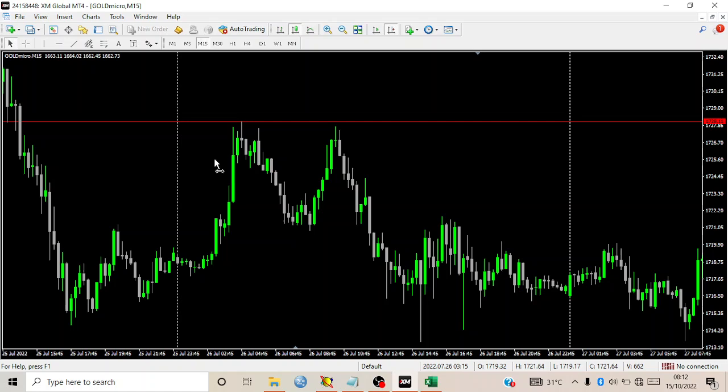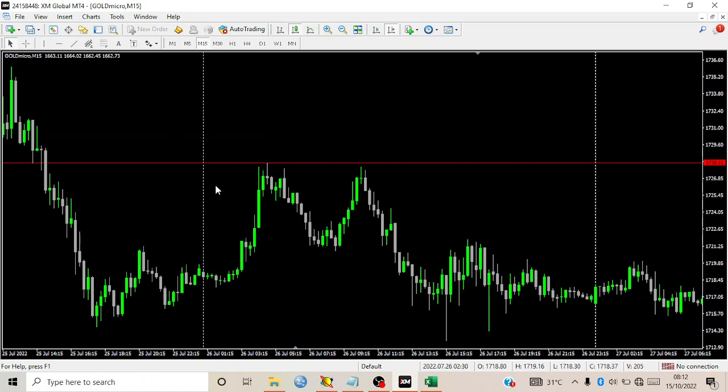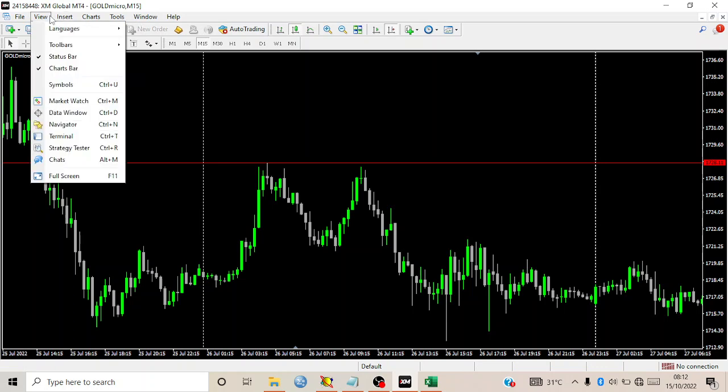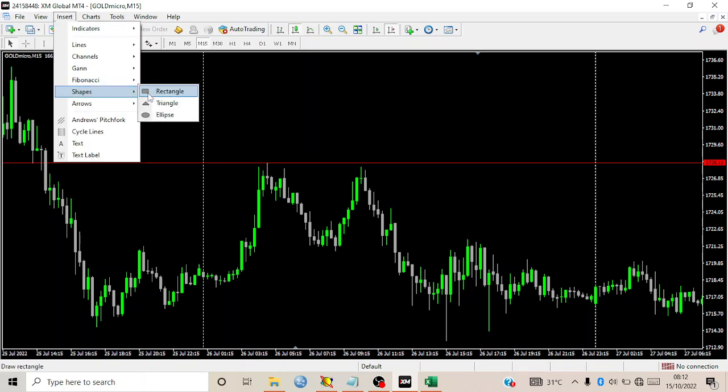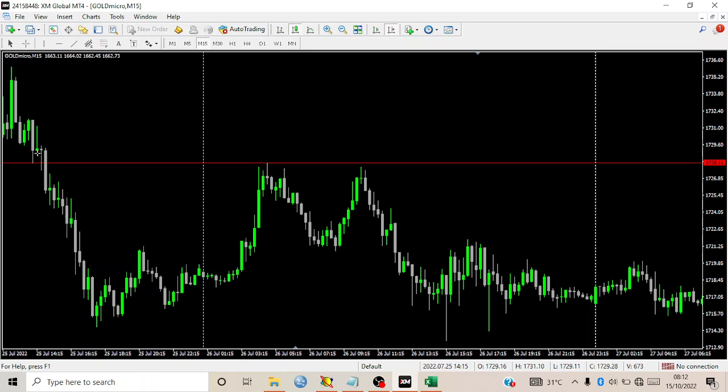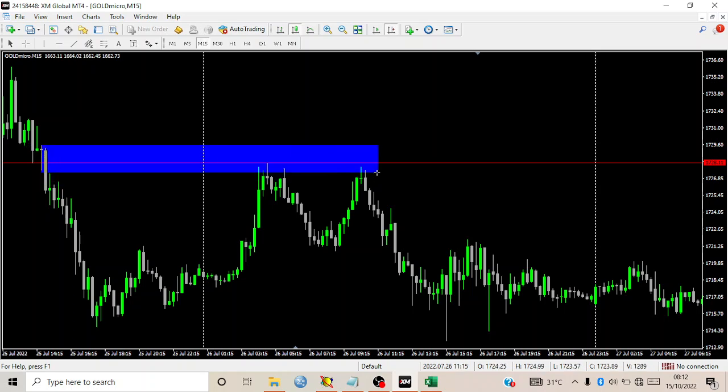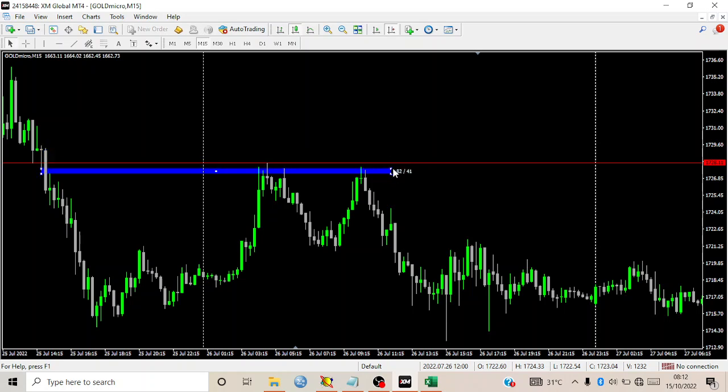It is such resistance that one should look for and start looking for sells. So no matter what, what we're supposed to be looking for is resistance, right?